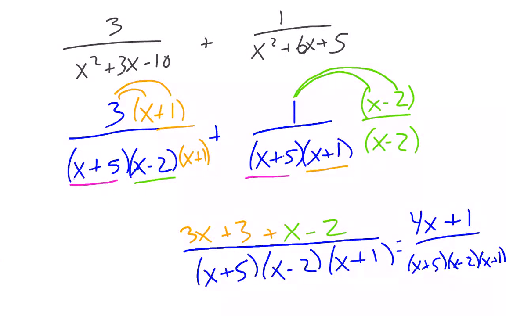Sorry, I kind of ran out of room there. X cannot equal negative 5, 2, or negative 1. Okay?